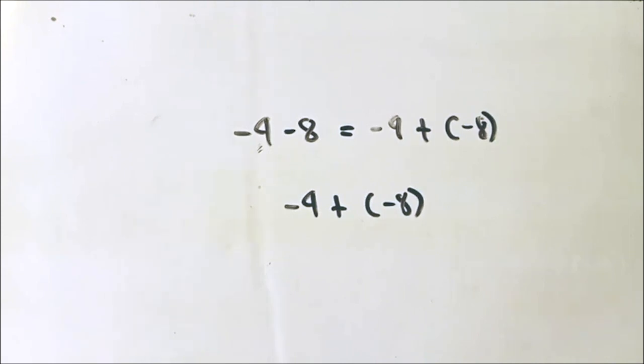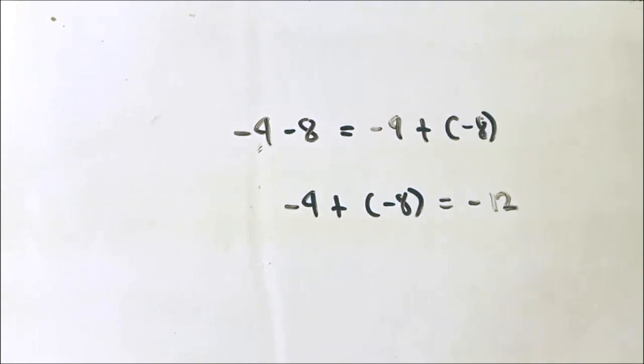I hope you remember. So what we will do here is copy the sign, which is negative, and add the numbers, 4 plus 8. I know most of us know how to add this, which is 12. So hence, this will be the answer.